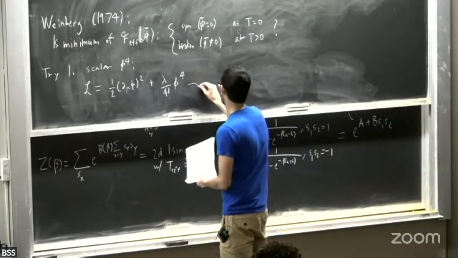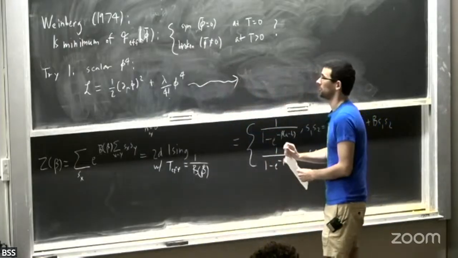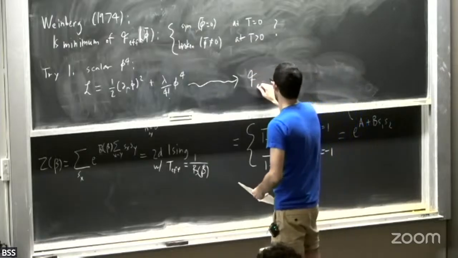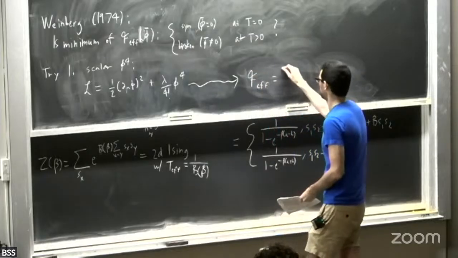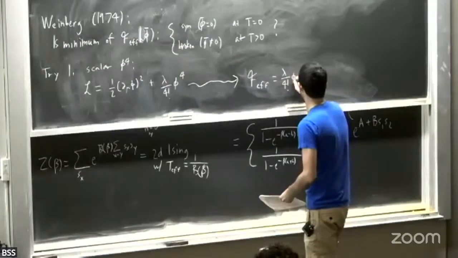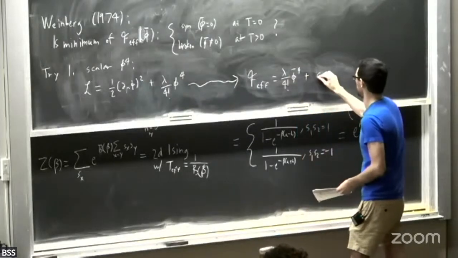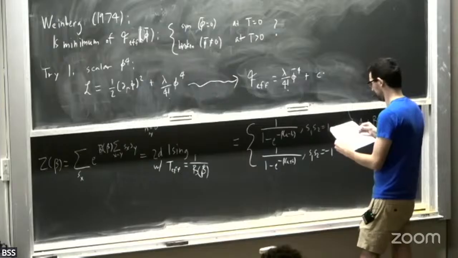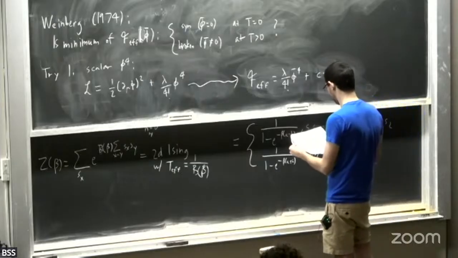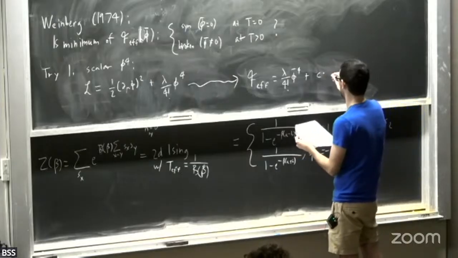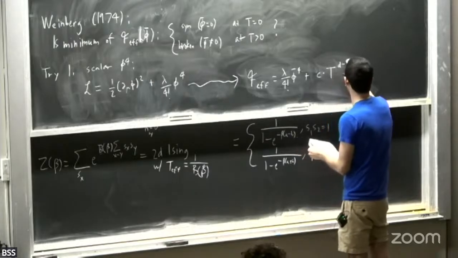After some calculation, you get that this effective potential looks basically like lambda over 4 factorial phi bar to the 4 plus some constant c times t to the d minus 1.